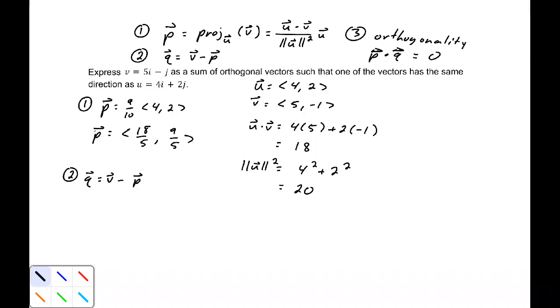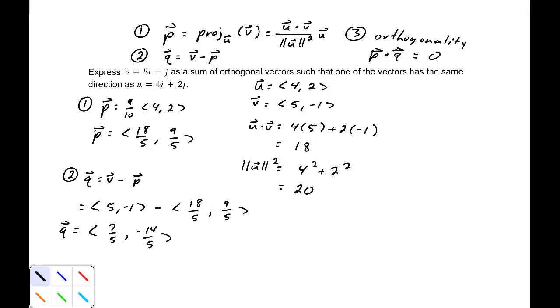So if we subtract that, we'll take the vector v, which is 5, negative 1, and then subtract the vector 18 over 5, 9 over 5. Do that component-wise. So 5 minus 18 over 5 is going to be 7 over 5. And negative 1 minus 9 over 5 would be negative 14 over 5. So our second vector is first component 7 over 5, second component negative 14 over 5.